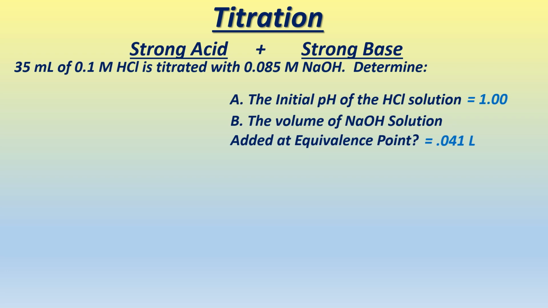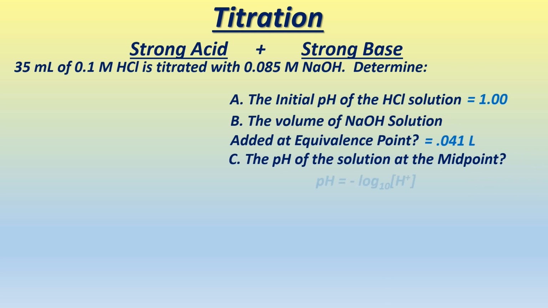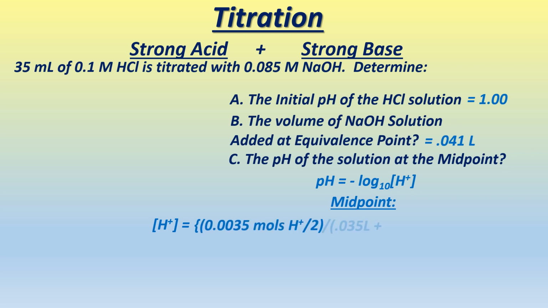Third thing to know, what is the pH at the midpoint of the titration? With a strong acid and a strong base, half of that acid will have been neutralized. I will have also added half of my 41 milliliters of base, so the volume will have gone up.